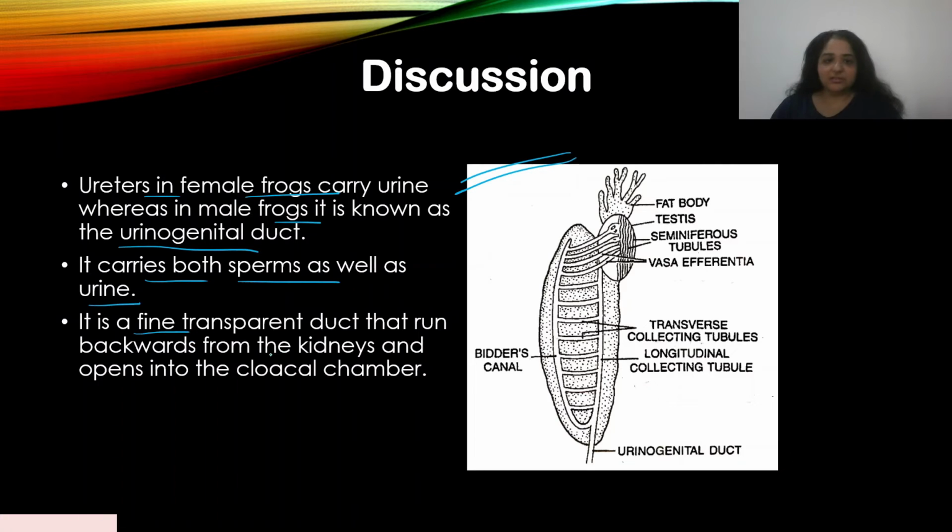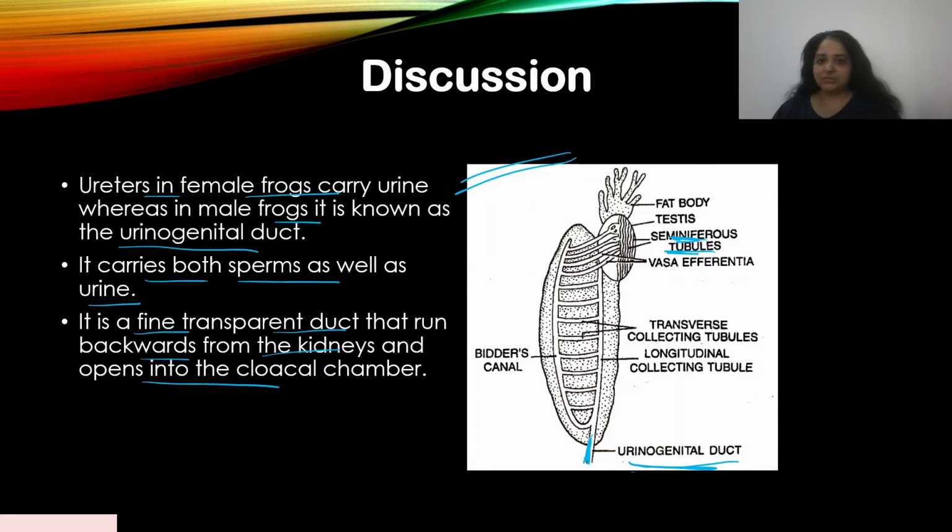The urinogenital duct is a fine transparent duct that runs backwards from the kidneys and opens into the cloacal chamber, from where it comes out. The cloacal chamber is a common area where it receives the urine as well as the sperms. Here you see the urinogenital duct coming out, and here are the seminiferous tubules where the sperms are produced.